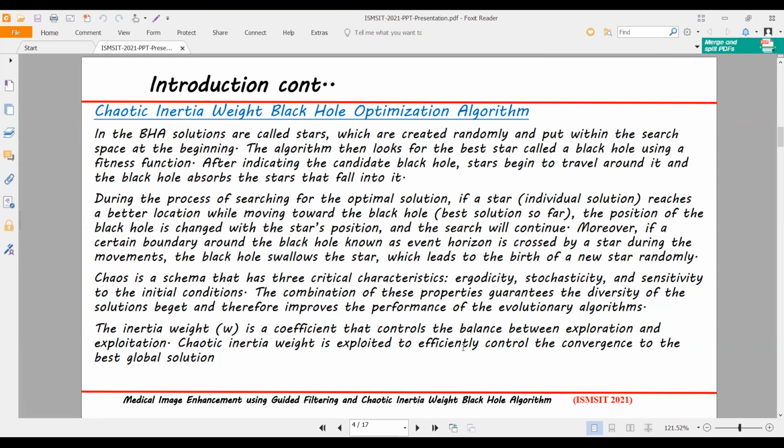The combination of these properties guarantees the diversity of the solutions and therefore improves the performance of the evolutionary algorithm. The inertia weight is a coefficient that controls the balance between exploration and exploitation. So chaotic inertia weight is exploited to efficiently control the convergence to the best global solution.